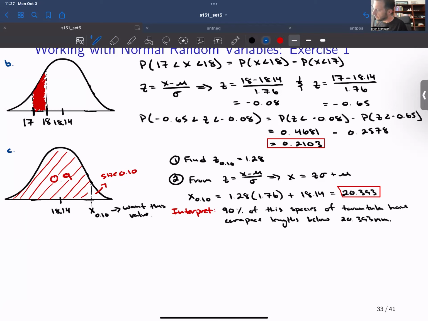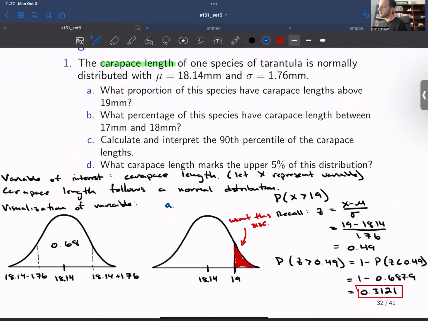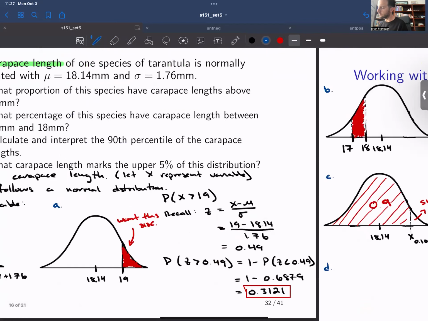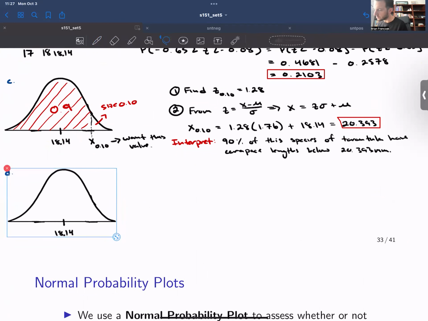Okay, last problem here. Part D. What carapace length marks the upper 5% of this distribution? So this is actually the exact same style of problem as part C. It's just the language has changed. So now what we're saying is we want the length that marks the upper 5%.